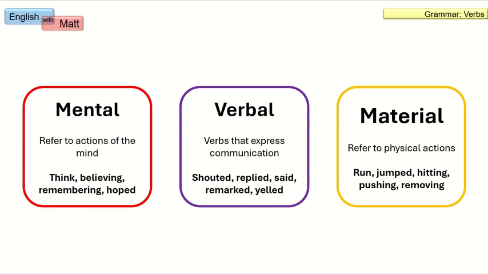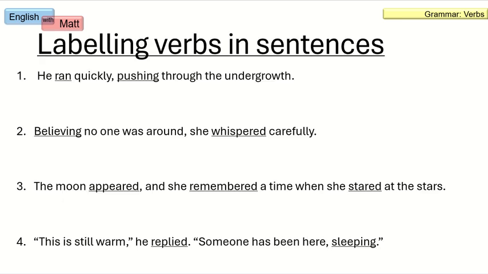So I'm going to give you 4 examples, or 4 sentences, I should say, and you can see that I've underlined certain words. These words that are underlined are all verbs, so you can always give them that kind of broad terminology, that broad technique of a verb.